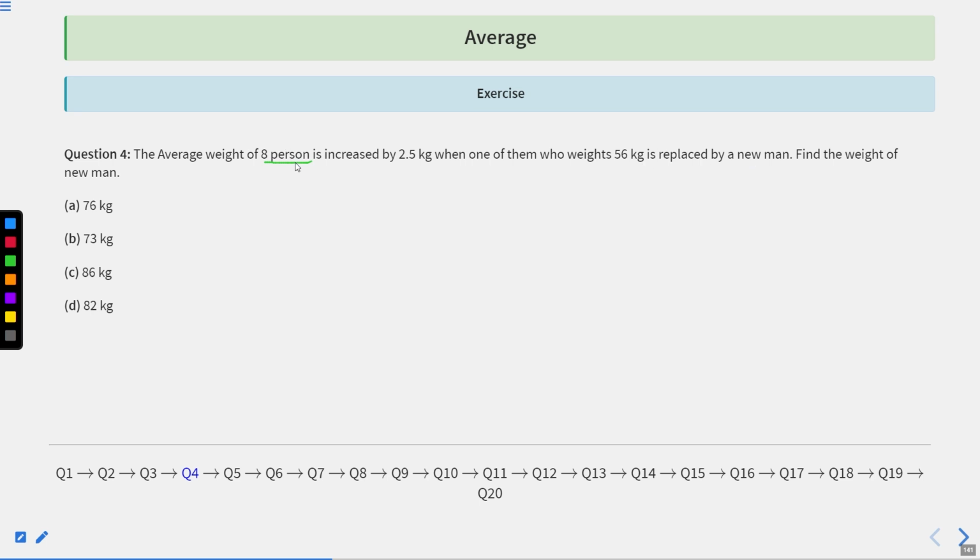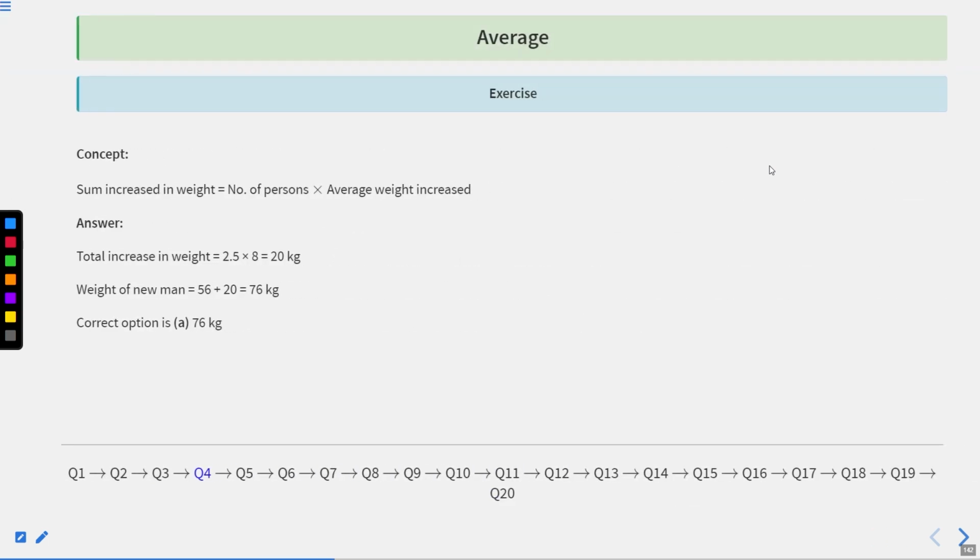So there are 8 people, and their average weight increased by 2.5 kg when a person whose weight is 56 kg was replaced by a new person. We have to find out the weight of that new person.